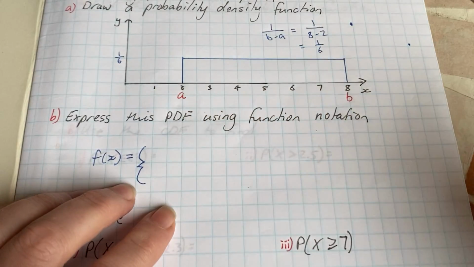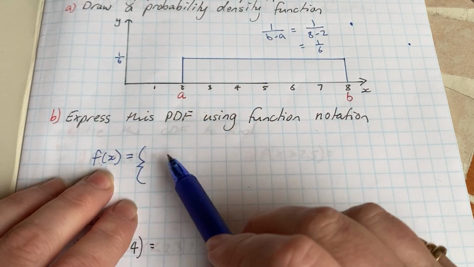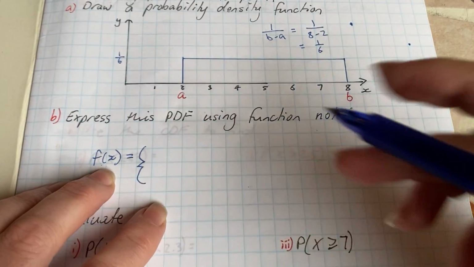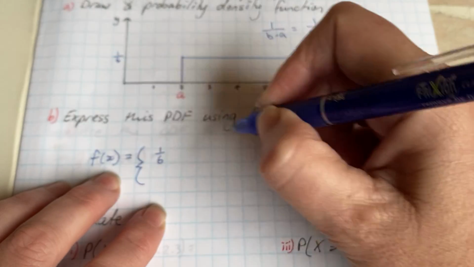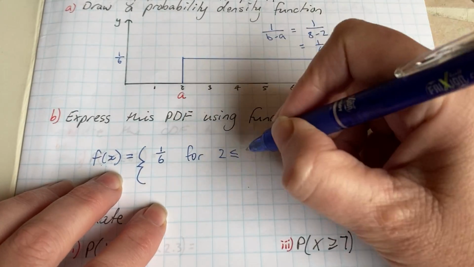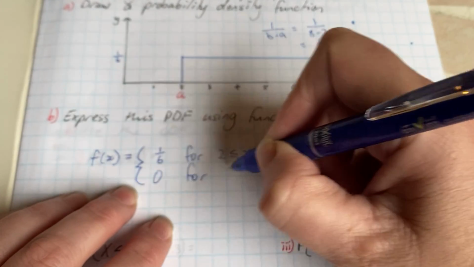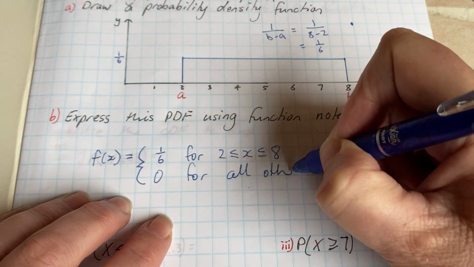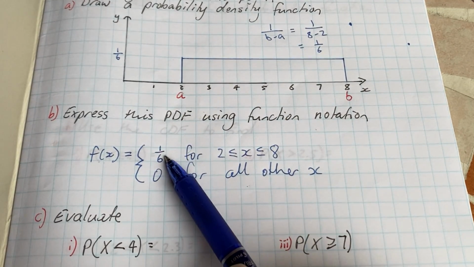Remember the function is the probability, so we're stating the probability of our outcomes. So the probability is 1 on 6 if x is between those two values of 2 and 8, and 0 for all other x.